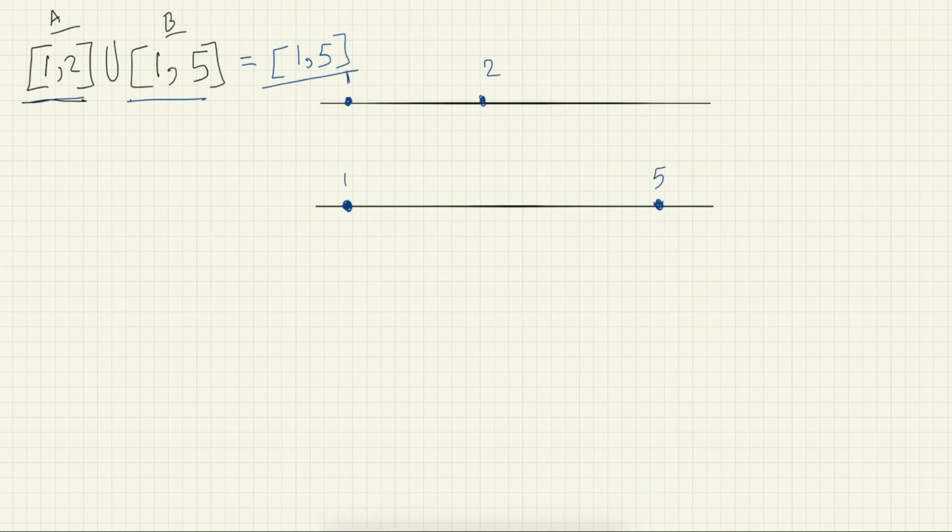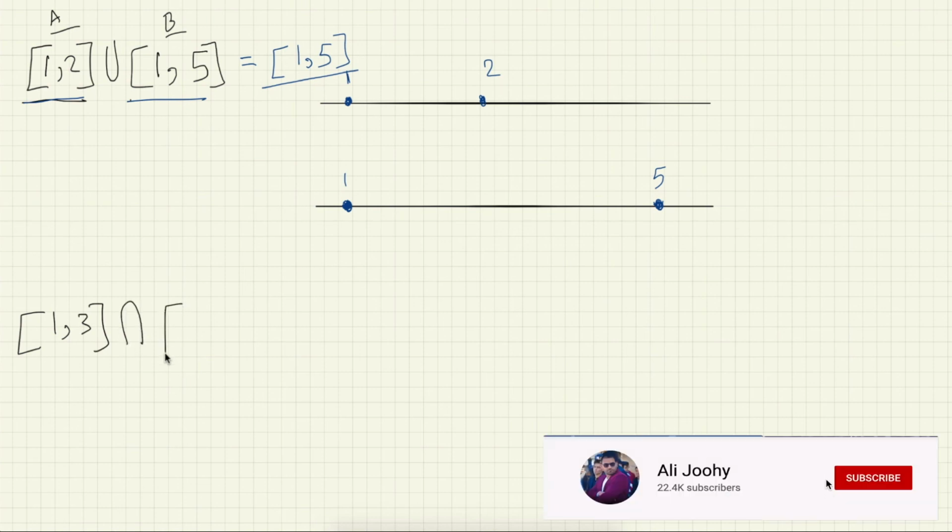The other example that I'm going to show, for example, I'm going to take [1, 3] intersection with [2, 5].